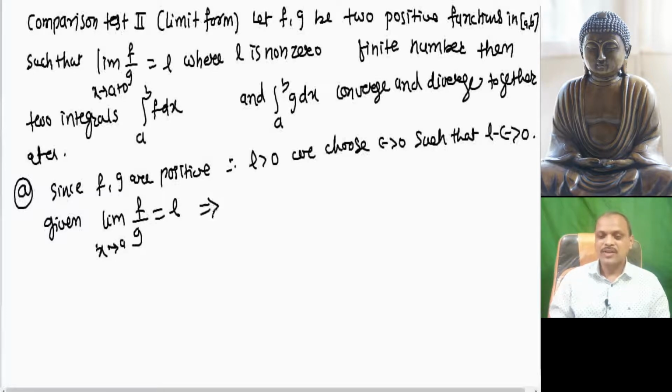So this implies that the absolute value of f of x divided by g of x minus L is less than epsilon for x belonging to the open interval a to c.